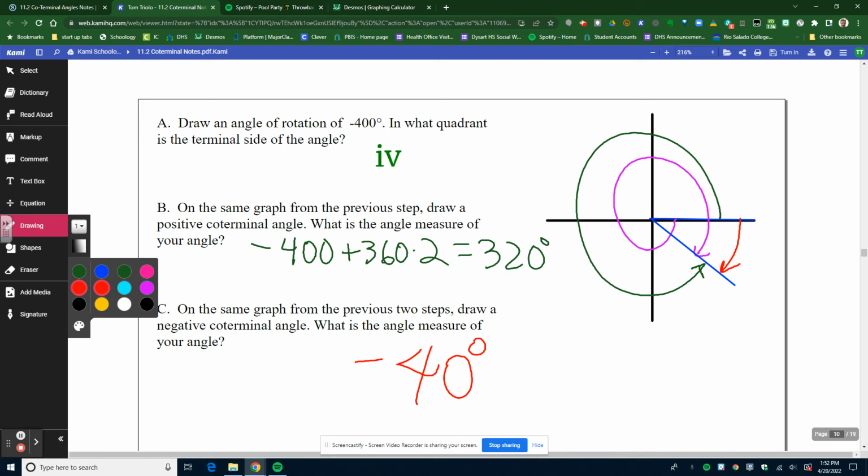Okay? The exception to that, remember I told you earlier, where is 0? Up. 0 is up for what? Ships and planes. So 0 degrees for a ship or a plane is up. Why? Because where's the North Pole?